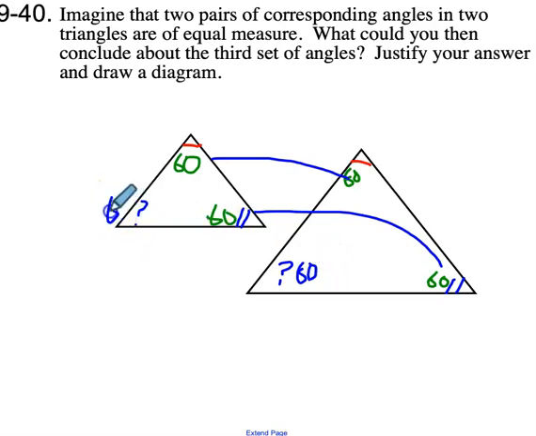They have to be. And what this is telling us is that if you can prove that two angles in a triangle are congruent, if they're the same, if they're equal, then the third one must also be equal. It must. You don't have to worry about finding it. You know it's equal.